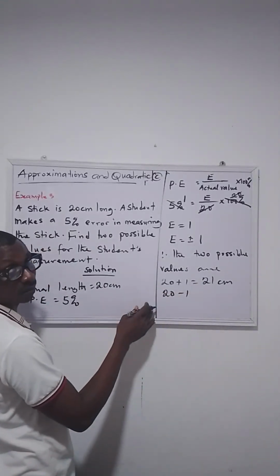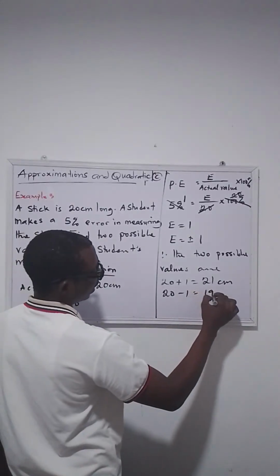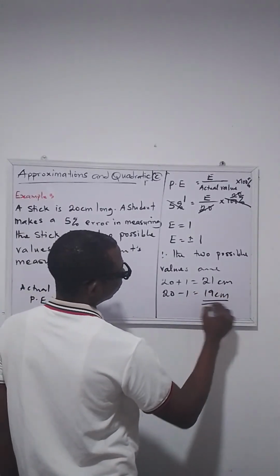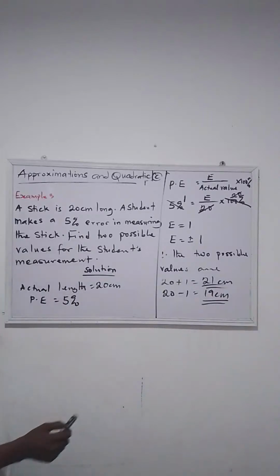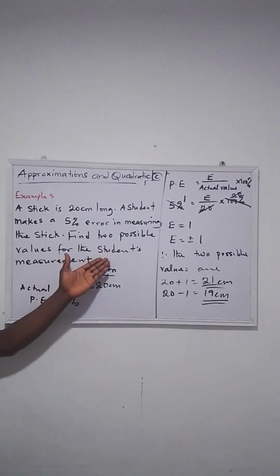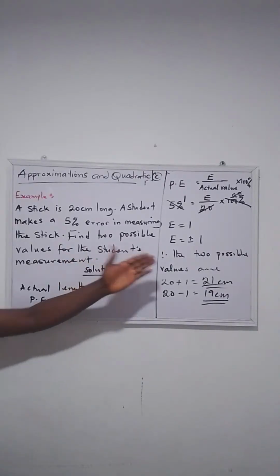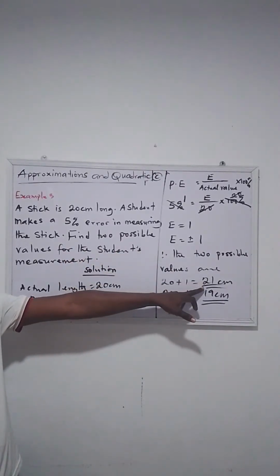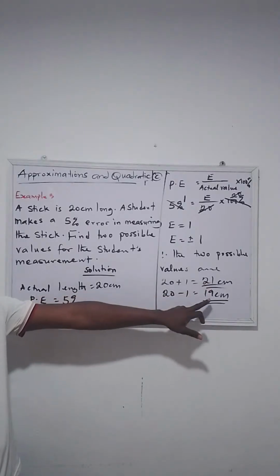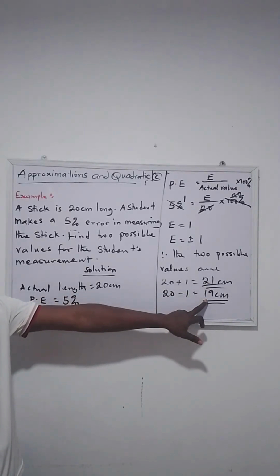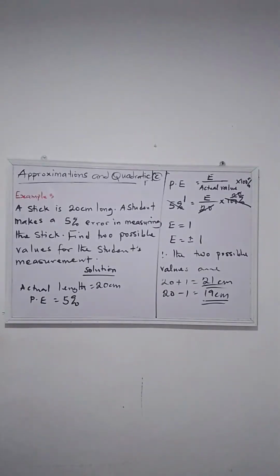So you remove 1 from 20, and that is what? 19 centimeters. So these are the two possible values of the students. Okay, so this one is overestimated, while this one is underestimated. So that is the answer to the problem. I want to believe you guys understand what we have here.